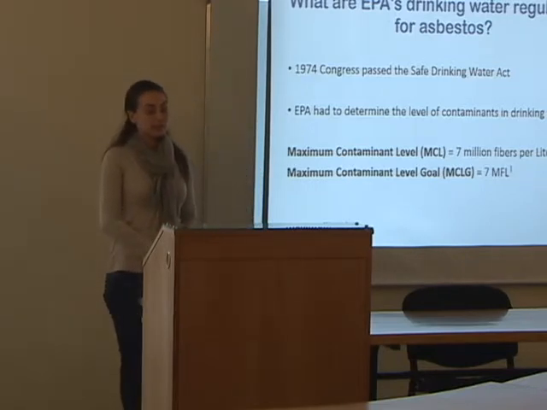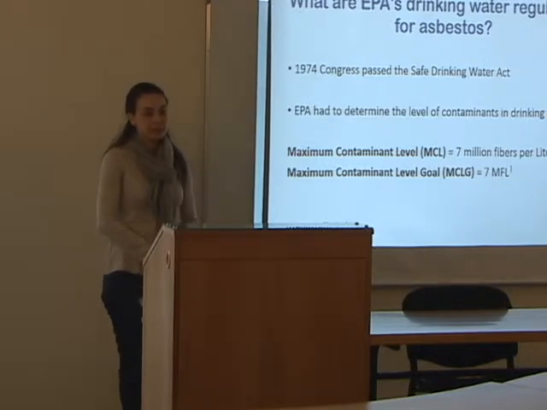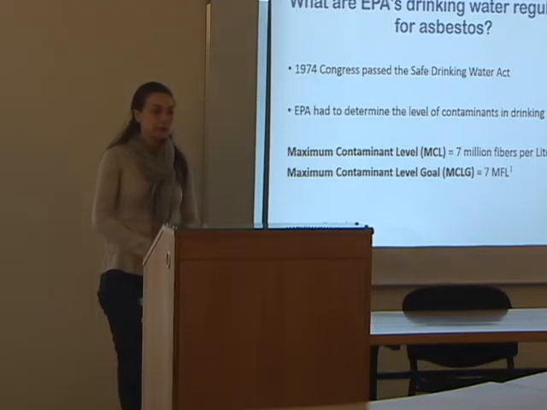Now, in 1974, Congress passed the Safe Drinking Water Act and asked the EPA to set regulations for drinking water. So, according to the best scientific evidence that they found, they set the maximum contaminant goal, which is the maximum level for asbestos to be present in water that would be safe for us to swallow.